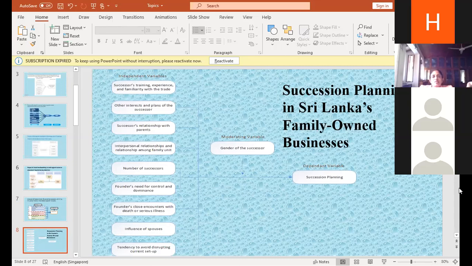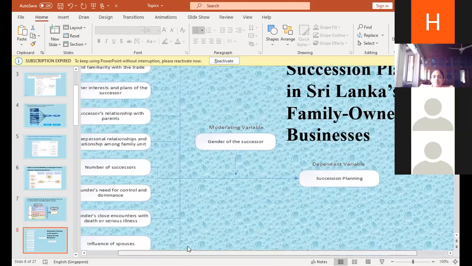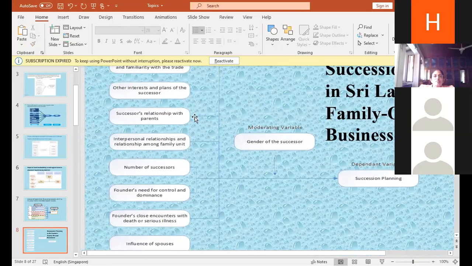Okay. So you can see some of the variables that we have considered in this research: successors' relationship with the parents, number of successors, and founders' needs. Sometimes you find the grandfather is still alive and controlling the business, so the youngest third generation fellow doesn't like it, right?